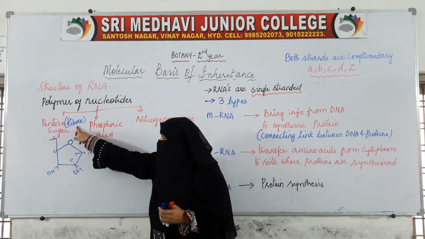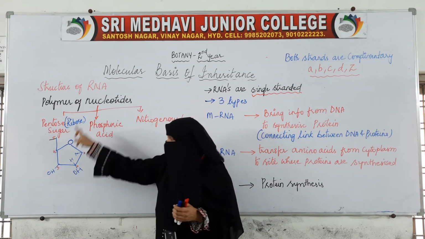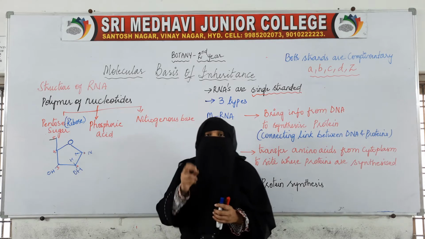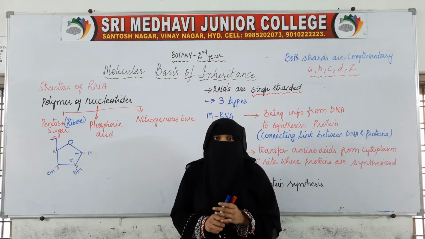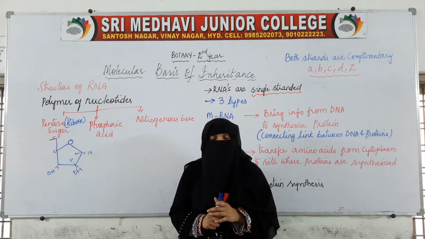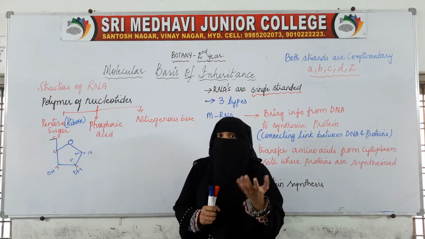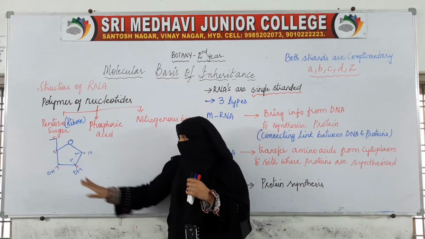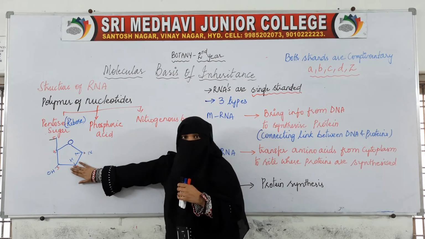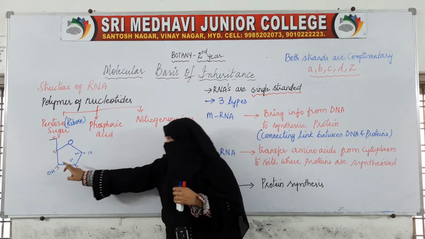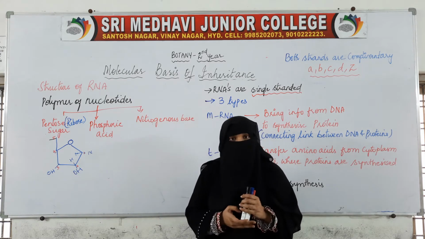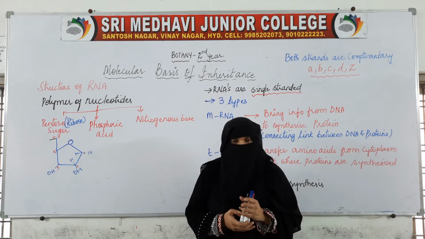But in ribose sugar, at the second carbon as well as at the third carbon we have two OH functional groups. In DNA only one OH group was there, and the other was H.